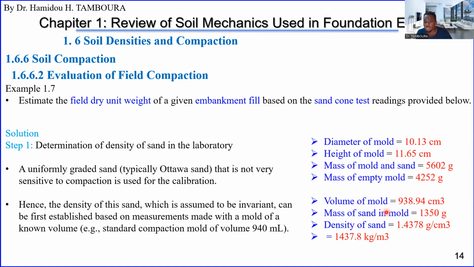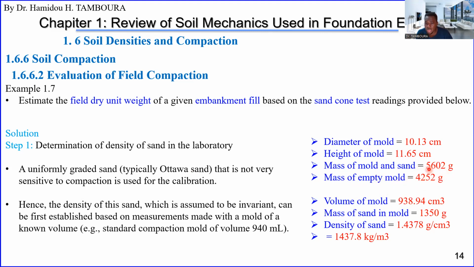By knowing the volume of the mold now in cubic centimeter, you can obtain the density of the sand, because this volume will be occupied by the sand with this mass.